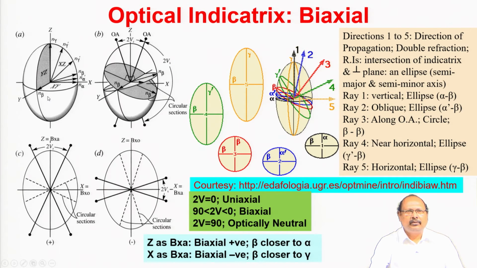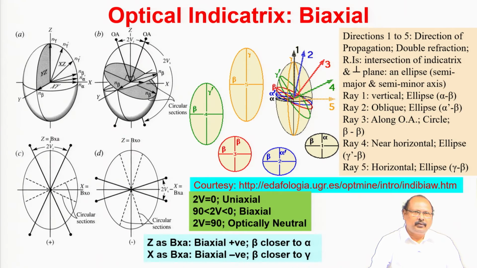This plane here is your xz plane, this plane here is your yz plane, and this particular plane here is your xy plane, where you will have the y vibration direction, and this is your x vibration direction. One of the most important aspects of this biaxial mineral is the existence of two optic axes.